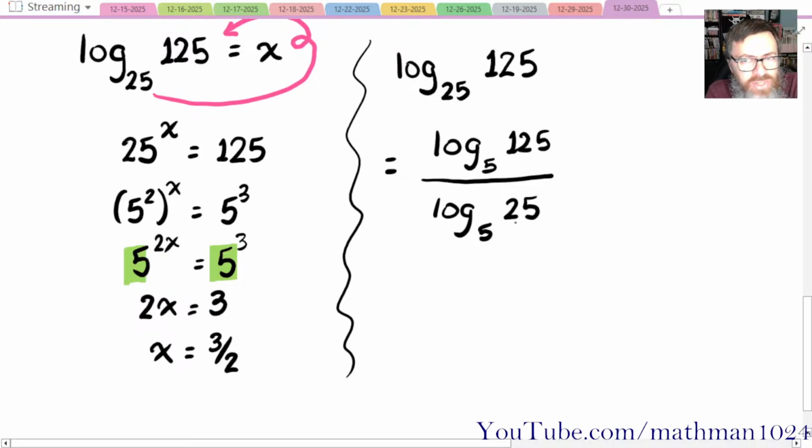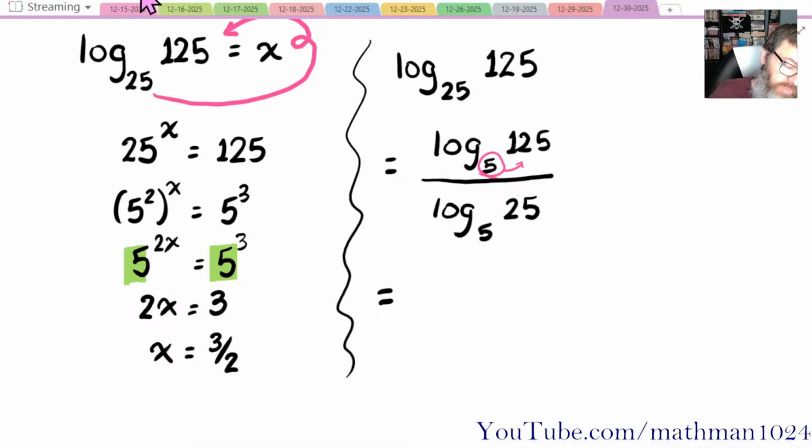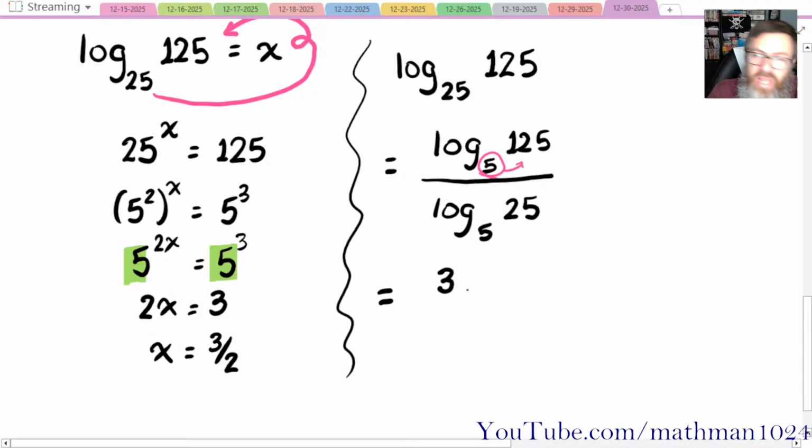As long as I choose the same base for both of these, it's going to be okay. And by rewriting it like this, this should be child's play right now, right? So what power of 5 is going to give me 125? Well, it's going to be 3. And in the denominator, what power of 5 gives you 25? That's 2.